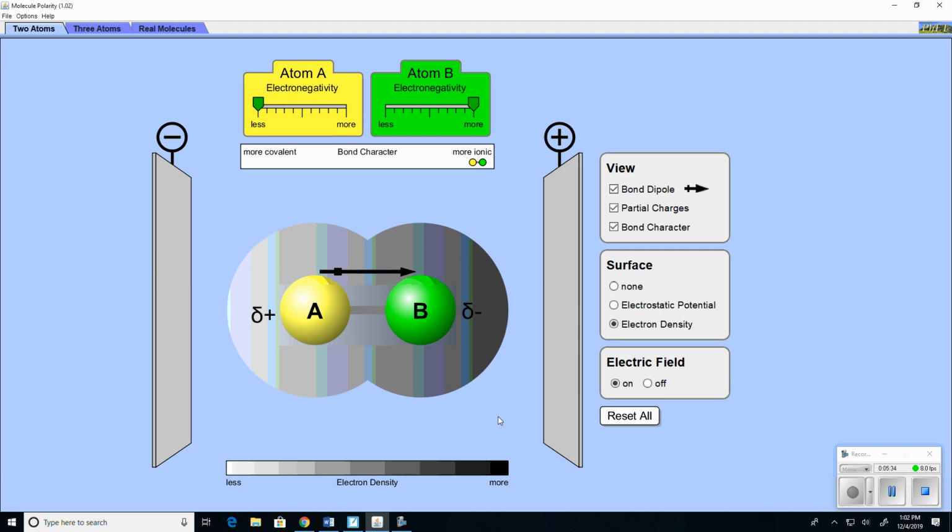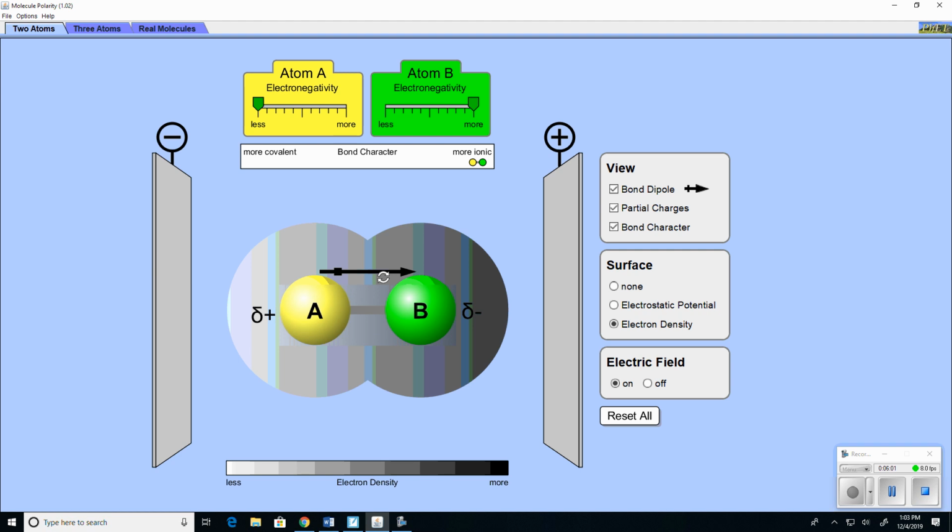Recall from the first unit, density is just how much stuff you have in a general space. When B has a higher electronegativity than A, that means the electrons are closer to this side. That means there's more electrons in this space than in that space. Okay, that's what the dipole moment arrow is trying to represent.